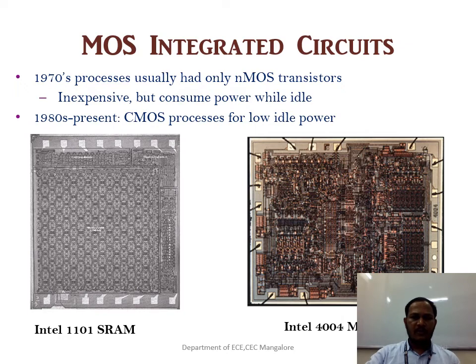You'll laugh now, but previously a 4-bit processor was great. Now in your mobile phone you'll get 16-core, 8-core, or 4-core processors.